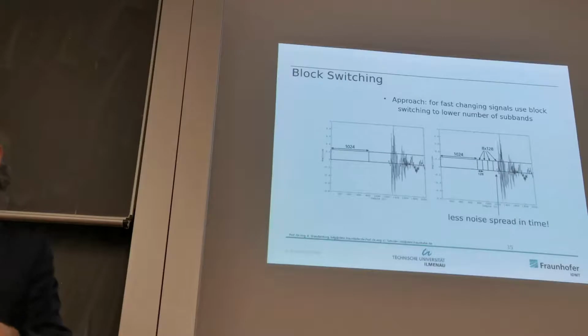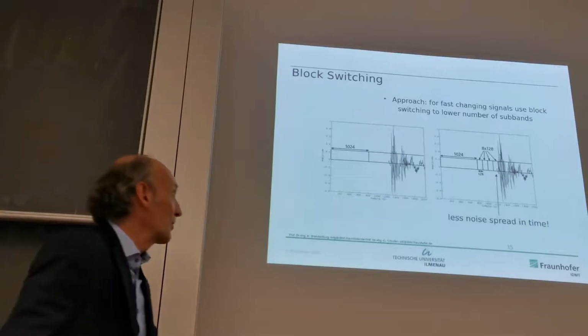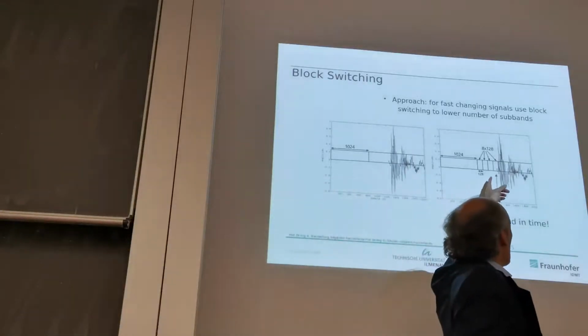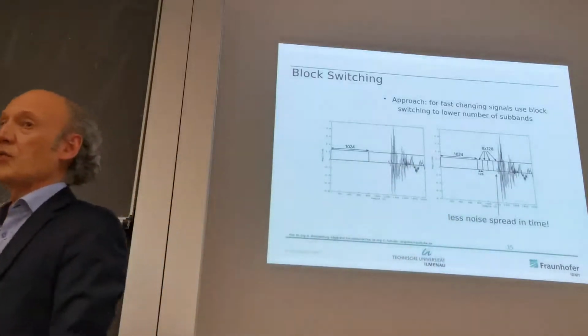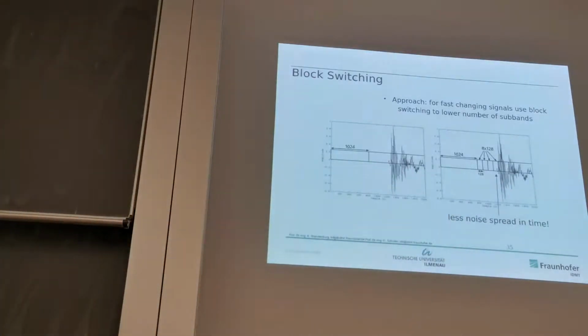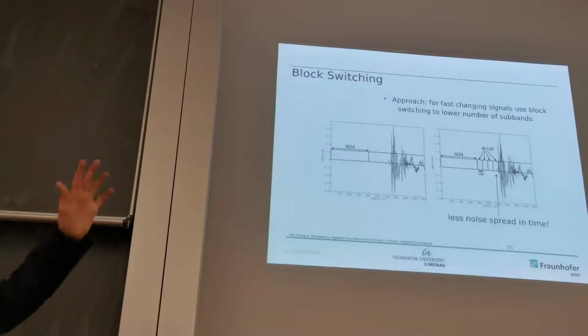And less frequency resolution means less possibilities to save bits in compression. So that means we avoid pre-echoes, but at the cost of an increased bit rate. And that's why this is also kind of tricky.